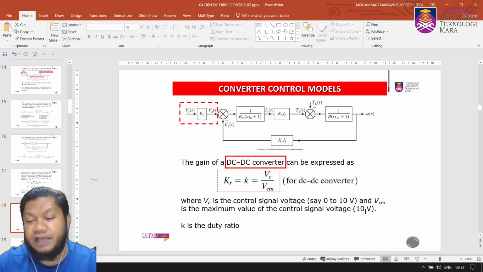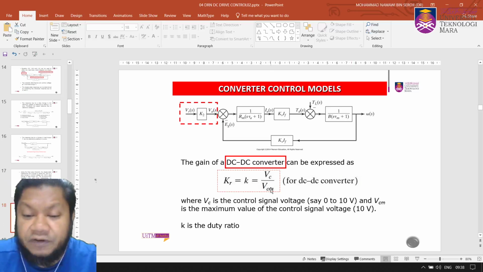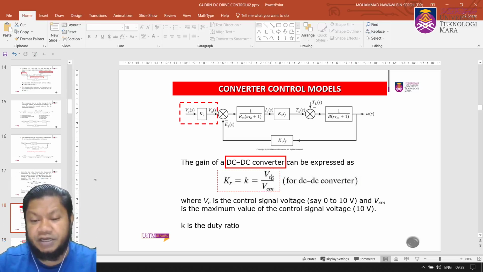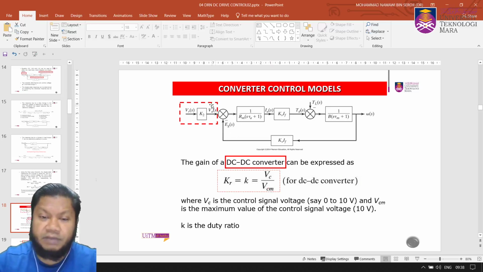Let's say we have 10 volt, so VCM is 10 volt, and therefore VC will be changed, and that will control the whole input voltage to your motor, right? So you just take KR equals K, the duty ratio, which is equal to VC over VCM.